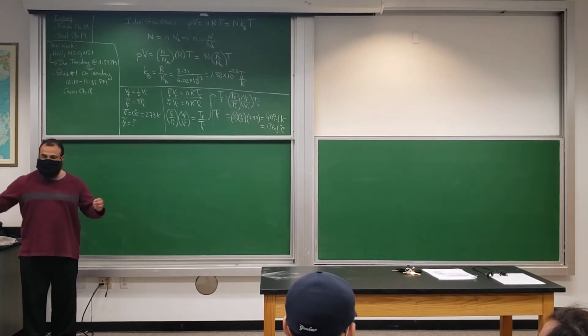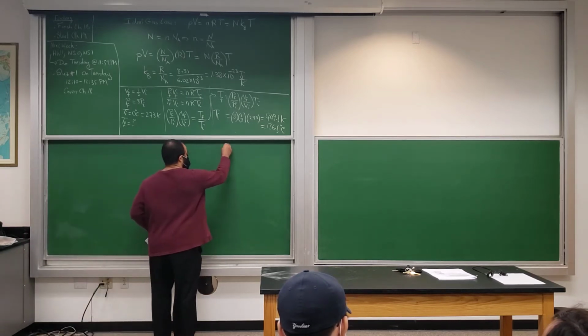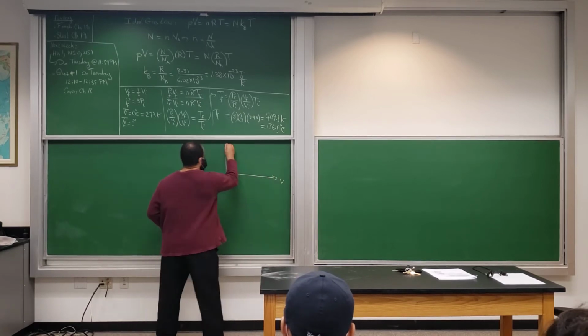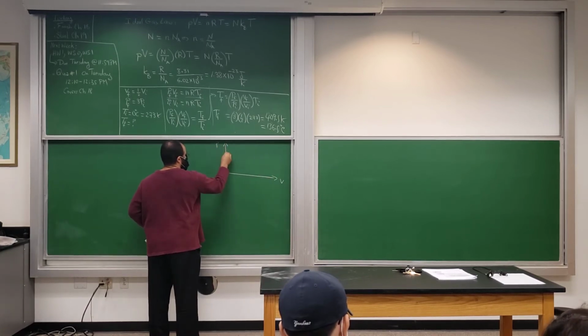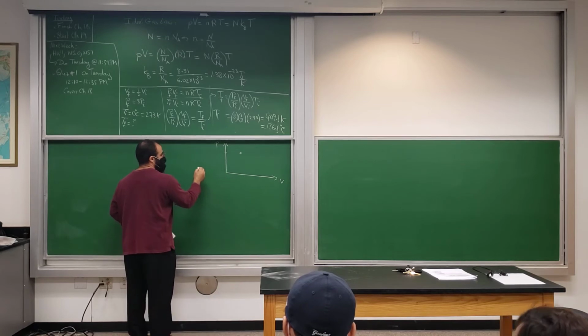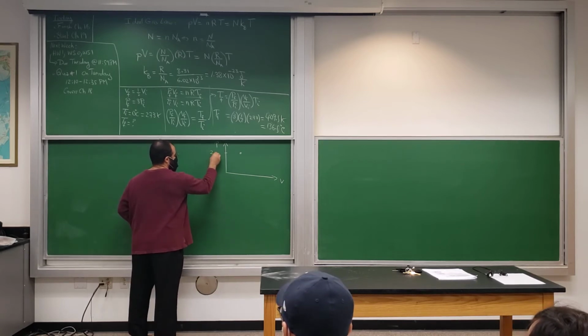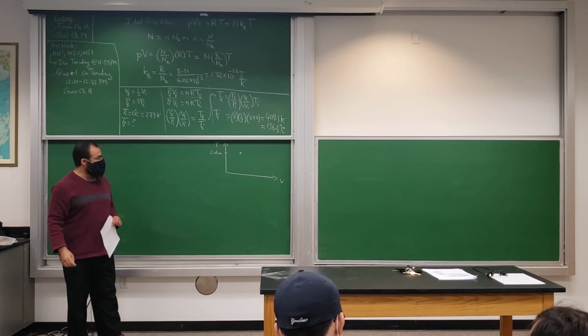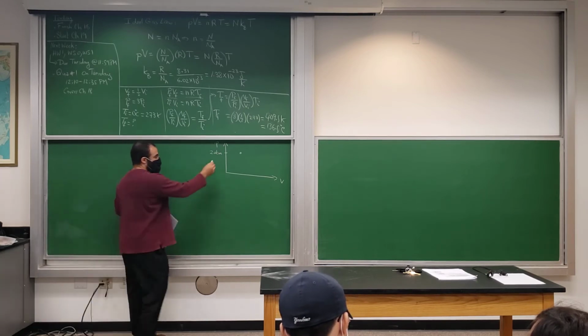Expanded means it gets larger. So here's the PV diagram. Here's P, here's V, and our gas initially was here at 2 atmospheres, right? I will change in a moment from atmospheres to the appropriate unit.